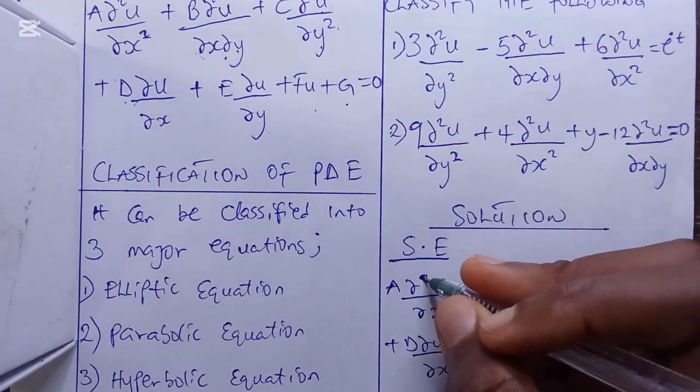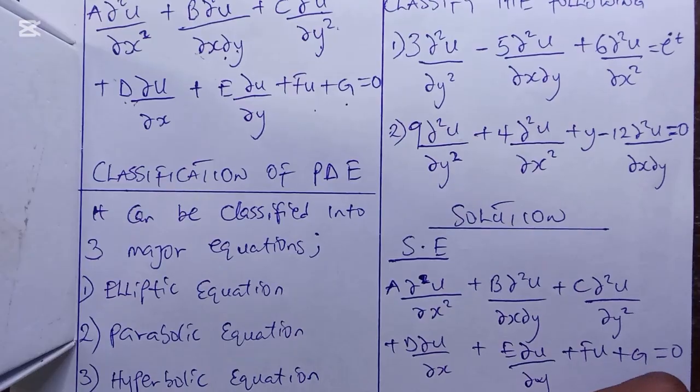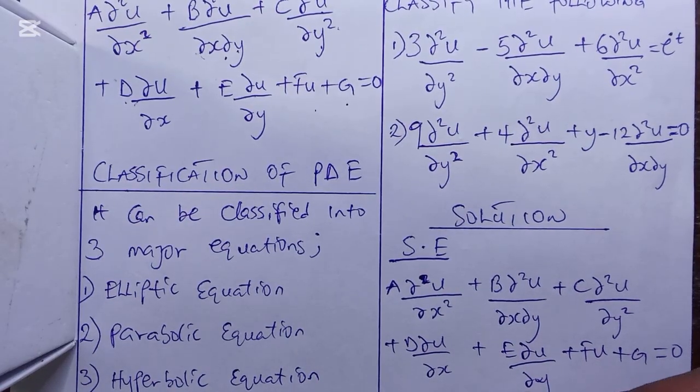This is our standard equation. And what is our discriminant? Our discriminant, let's call it d, equals b square minus 4ac.